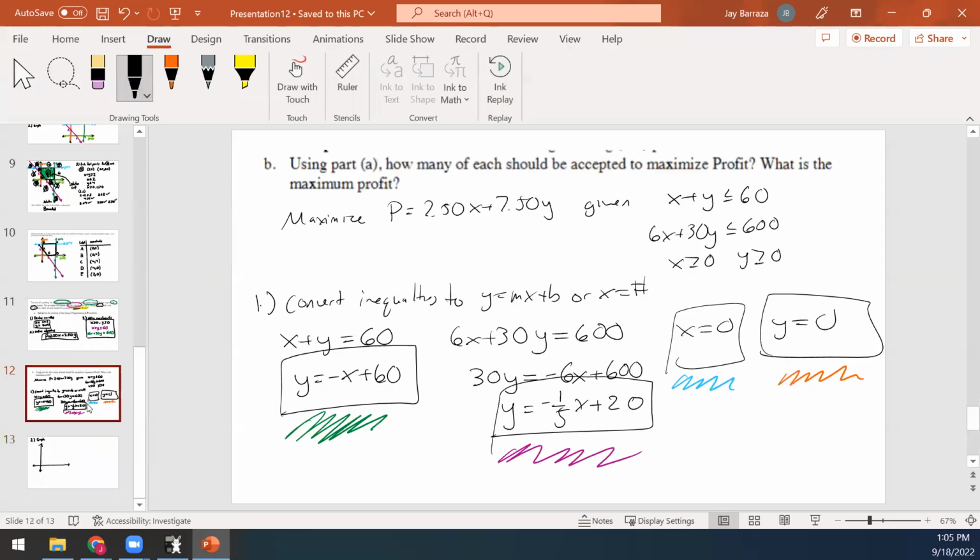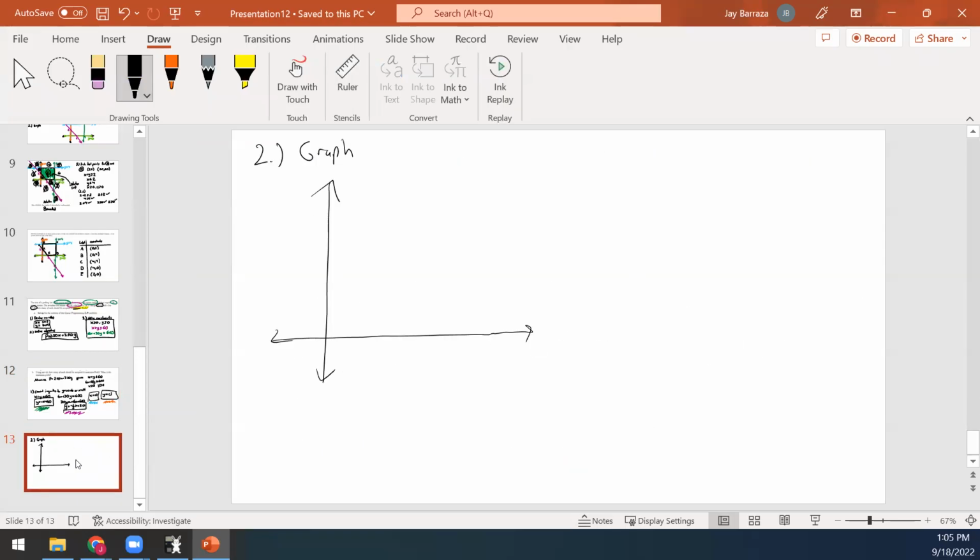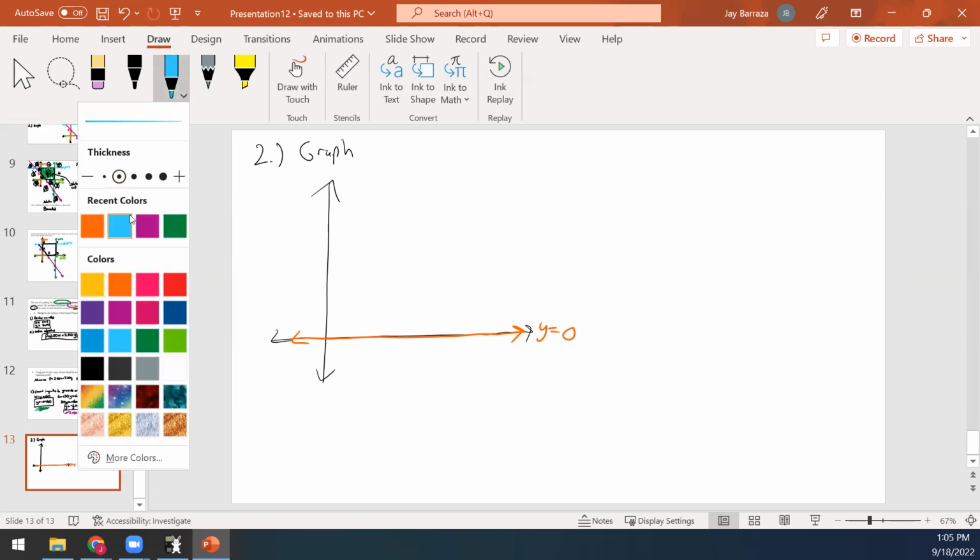So first, I'm going to graph the X equals 0 and the Y equals 0. So blue and orange. So Y equals 0 is going to be the horizontal line. And then the blue line is going to be X equals 0.